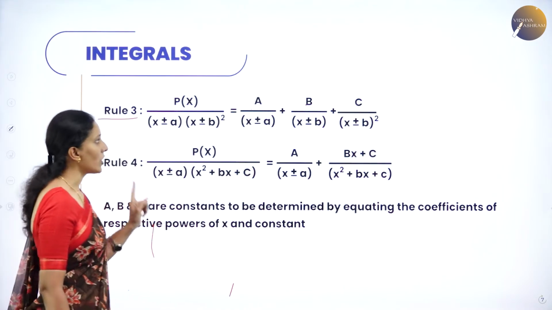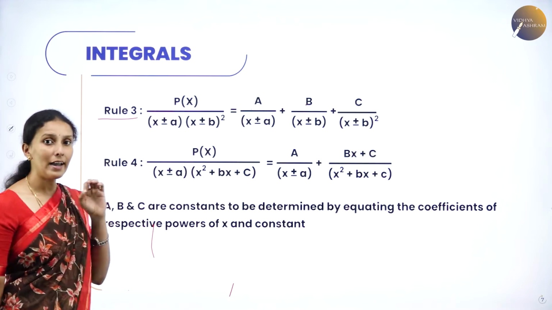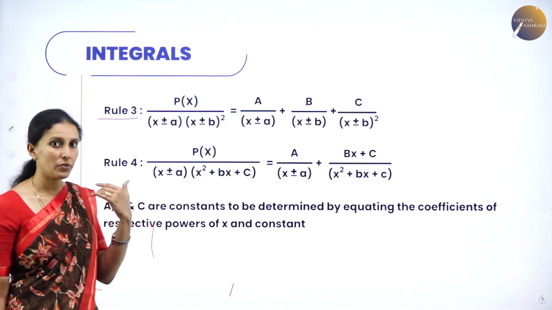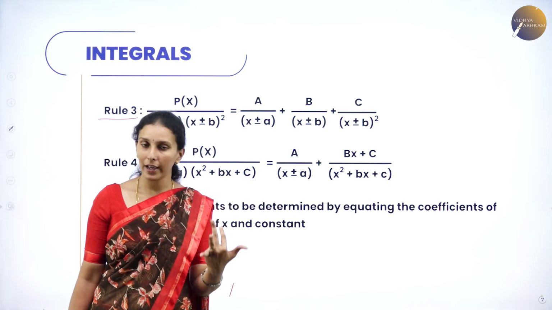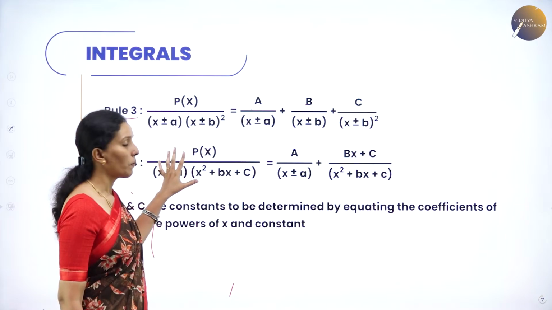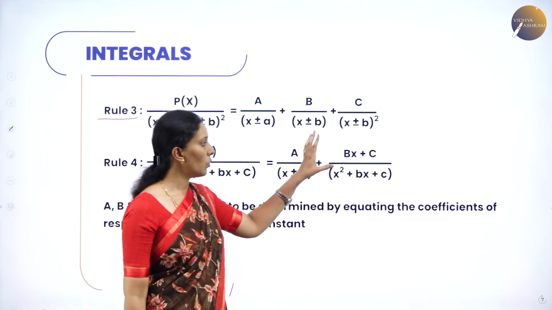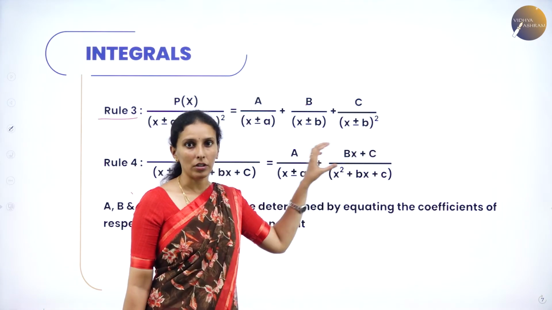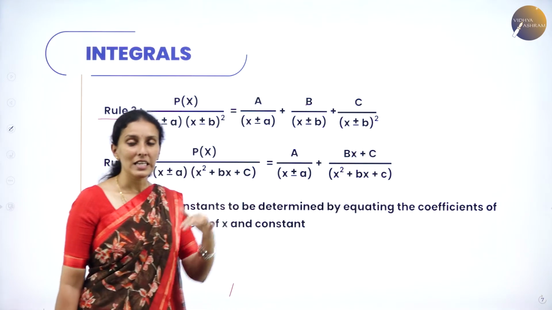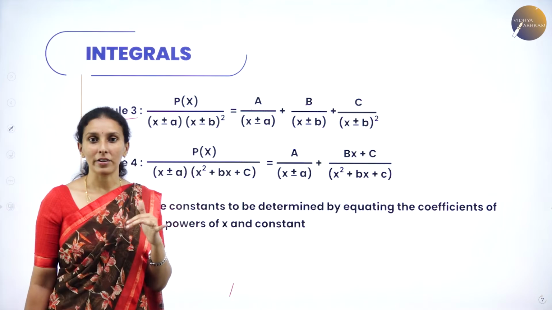All these constants in the numerator are determined by equating the coefficients of x. Sometimes we may get x square, sometimes x, or sometimes a constant. So writing a proper fraction as a sum or difference of two or more simple fractions is nothing but the method of partial fractions.